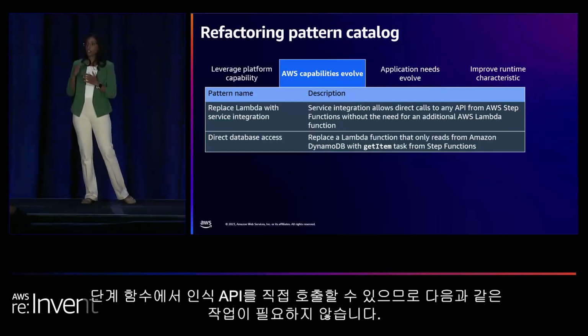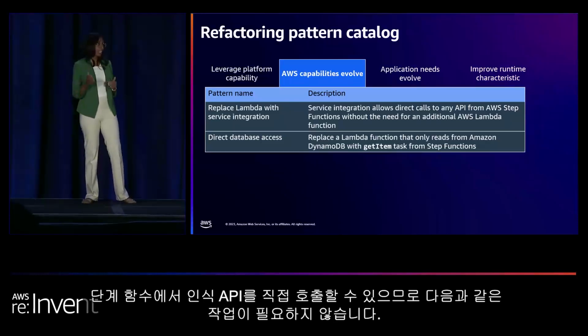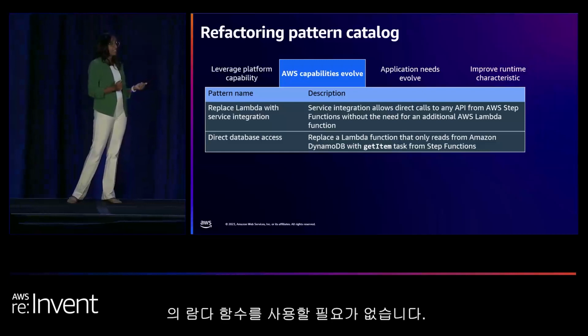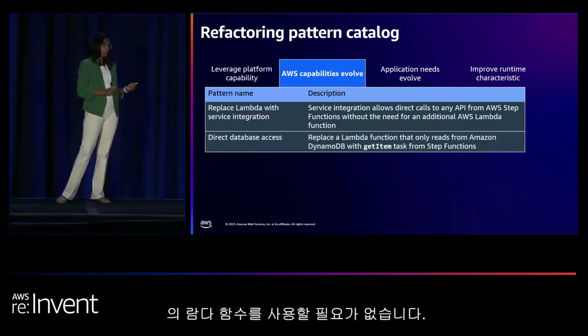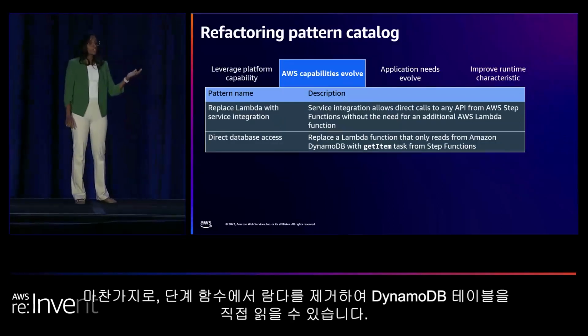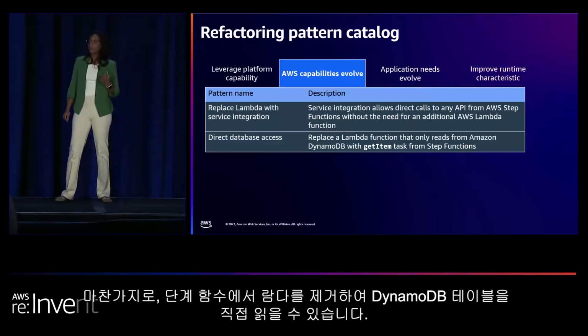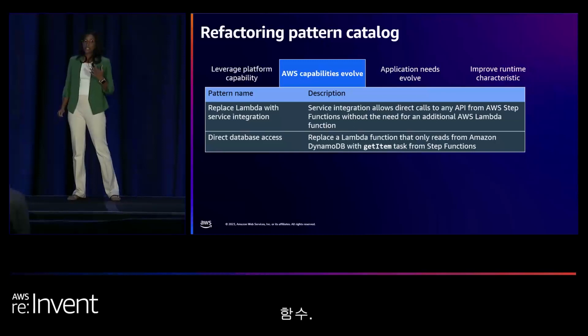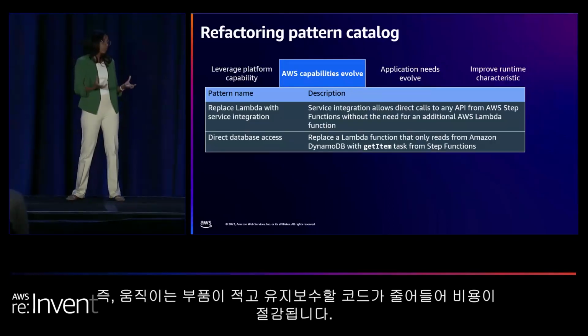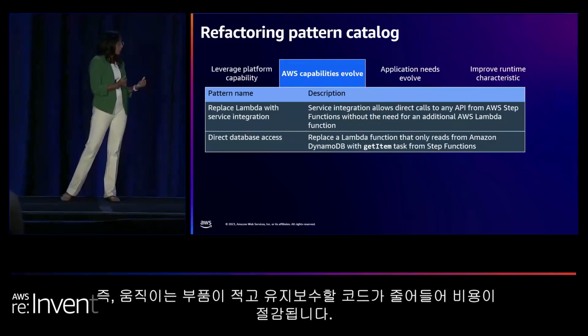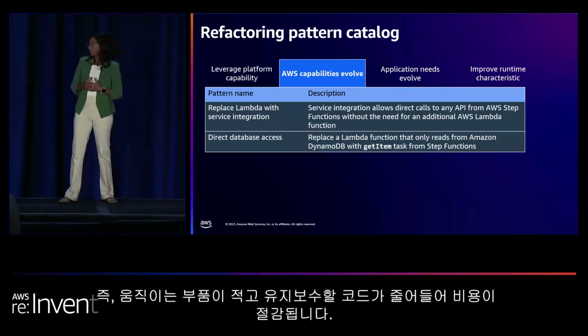From Step Functions, you can directly call the Rekognition API, eliminating the need for a Lambda function. Likewise, from Step Functions, you can directly read DynamoDB tables, again eliminating Lambda functions. This means there are fewer moving parts, less code to maintain, lowering your cost.